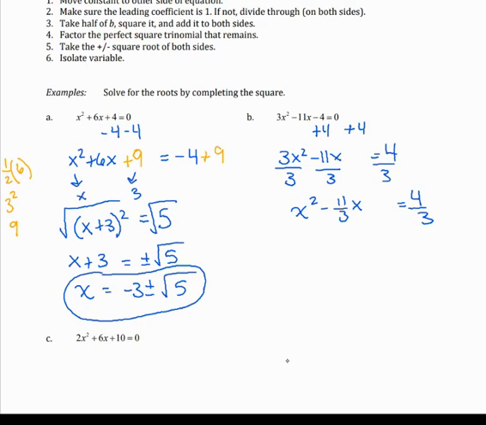Now I'm going to complete the square to create that perfect square trinomial. So I'm going to take half of the b value and then square that. That gives me 121 over 36. I will add that to both sides.